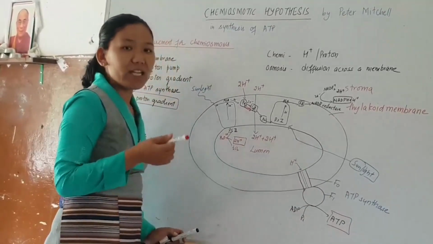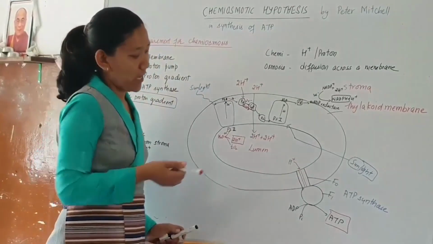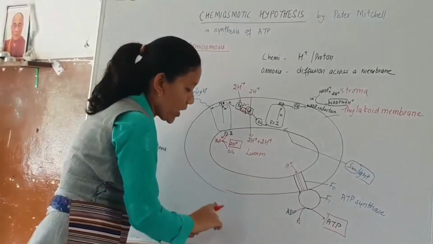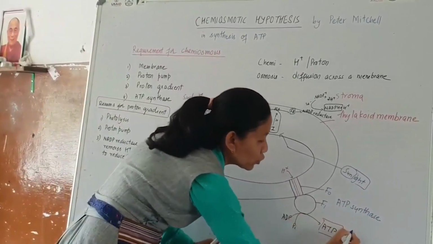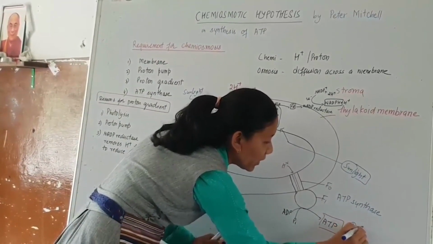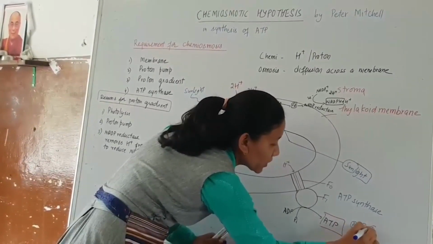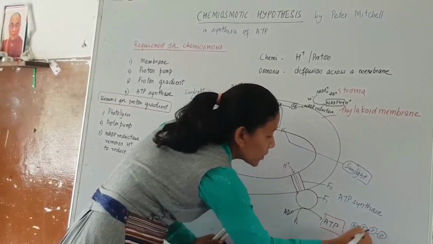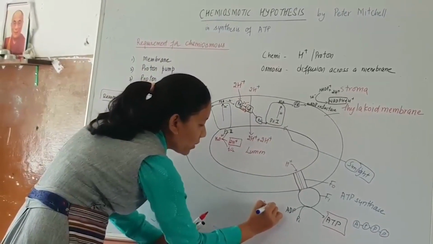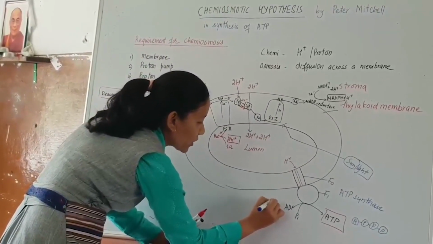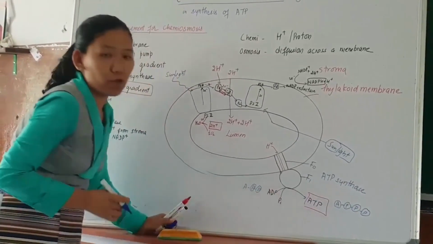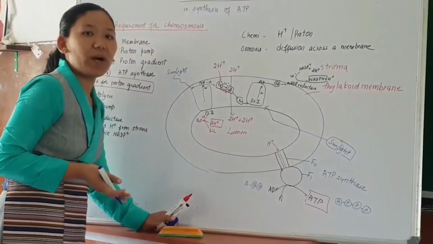ADP, that is adenosine diphosphate, and ATP is adenosine triphosphate. So if this is adenosine here, there are 3 phosphates in adenosine triphosphate, here diphosphate. So diphosphate plus 1 becomes triphosphate, of course catalyzed by an enzyme.